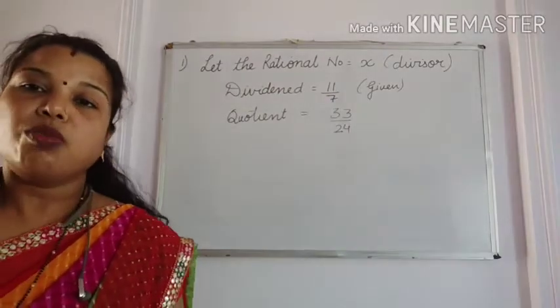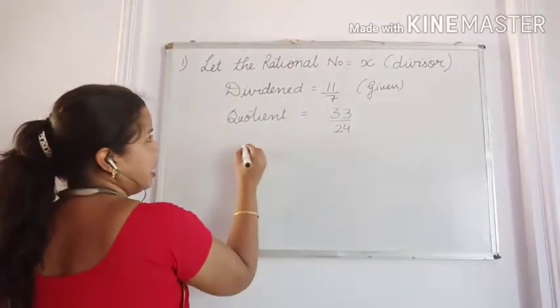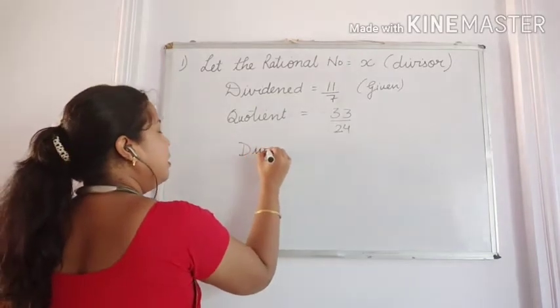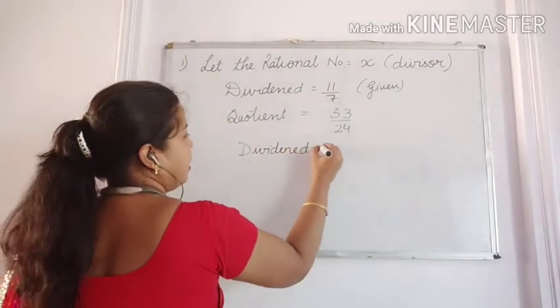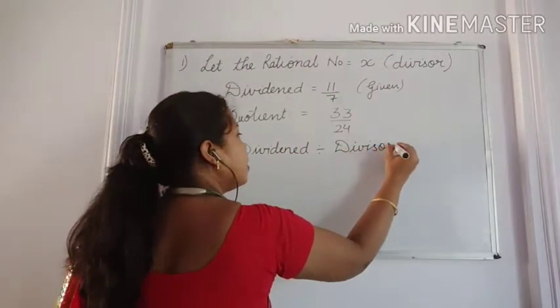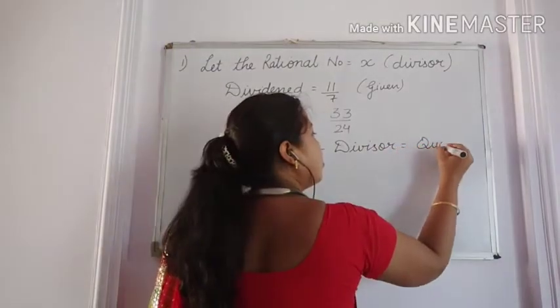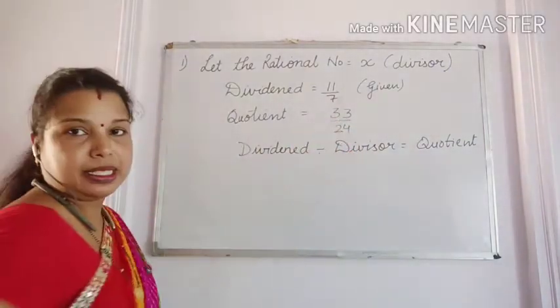Clear? What we will do here, substitute as the equation first. क्या होता है equation? Dividend divided by divisor equals quotient. Beta, substitute the value same as it is.